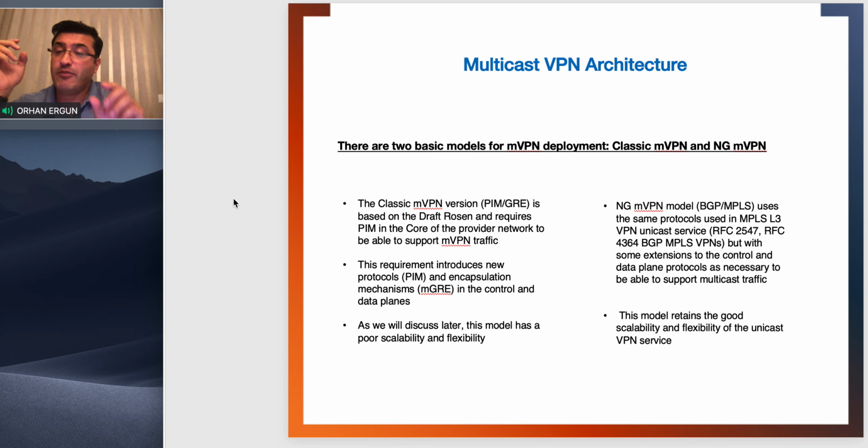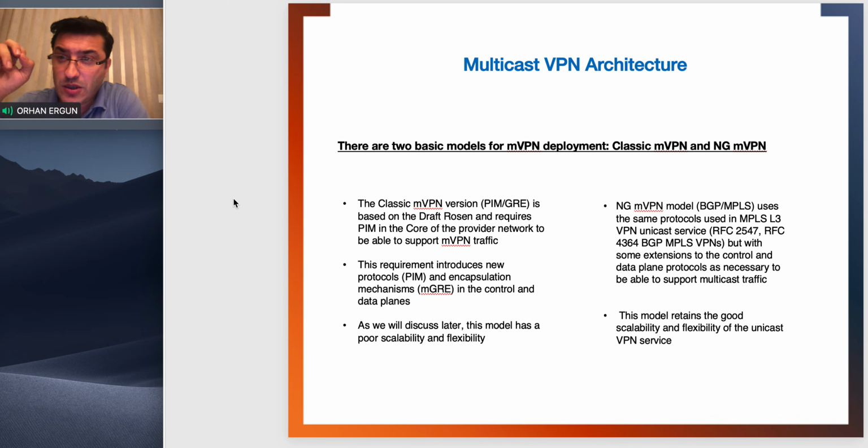But with native multicast, which we will discuss, when we put the state information in the P device, which now has the multicast flow state, the ingress router will send only a single copy of that content, and it will be replicated. So overall bandwidth usage will obviously decrease with native, but you put more state in the P router, or you accept increased bandwidth usage overall in the network.